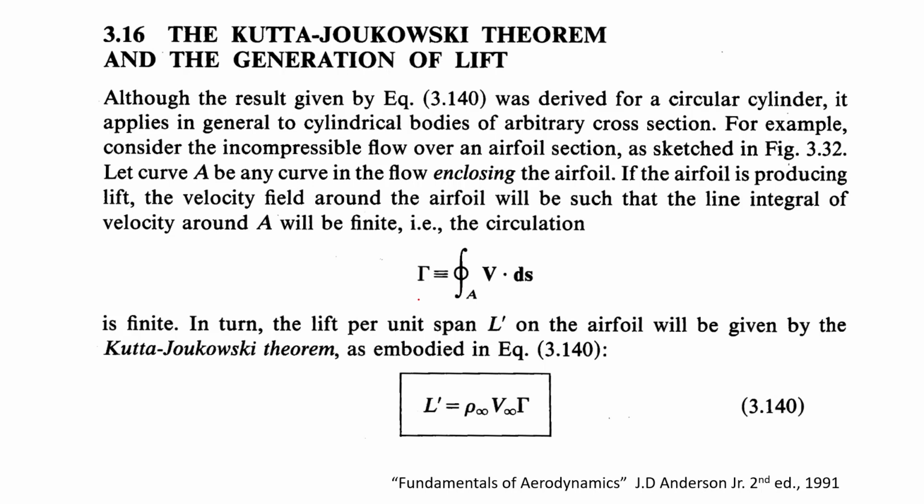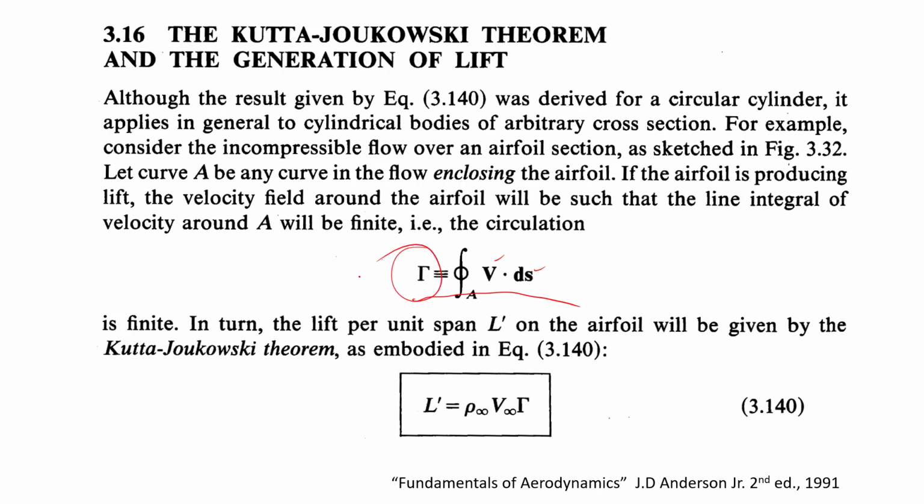But the definition of circulation is the line integral over some curve enclosing an airfoil of the velocity times the differential of the distance. That gives us the strength of the circulation, gamma.